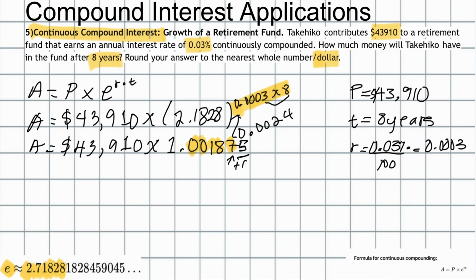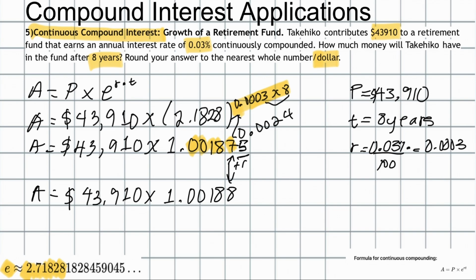So that will mean multiplying A. So A is going to be equal to the multiplication of the principal, which is 43,910, times 1.00188. And that 7 became an 8.